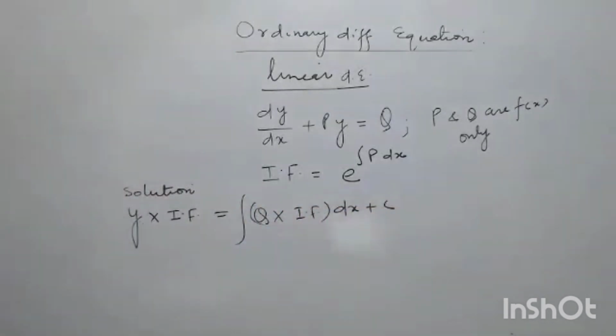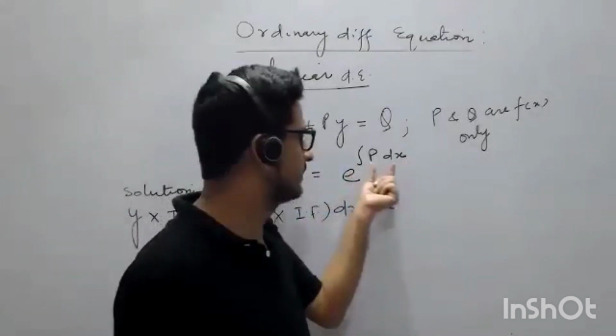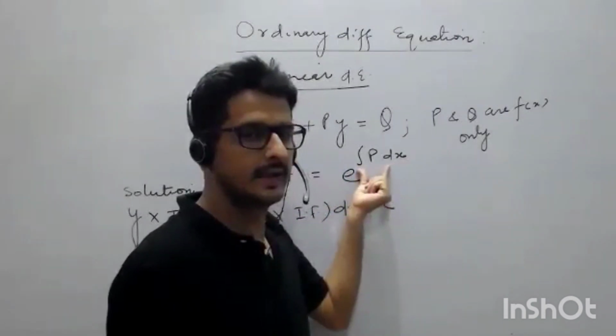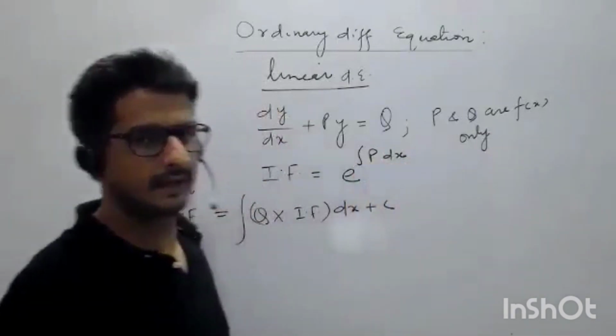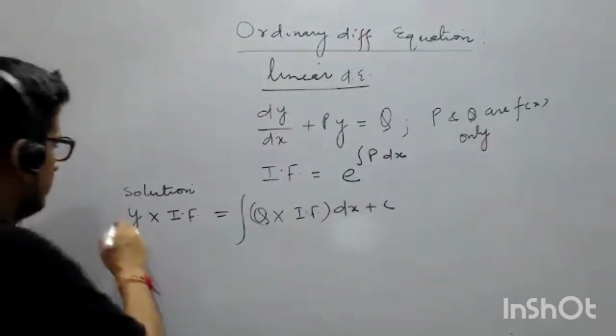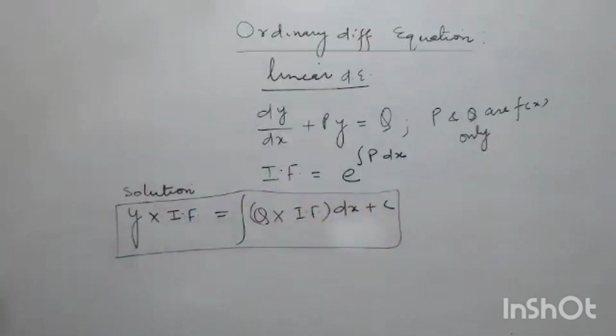This is the solution of a linear differential equation. And please remember, here no constant will be there in the integrating factor. Although this is indefinite integration, no constant will be written there.